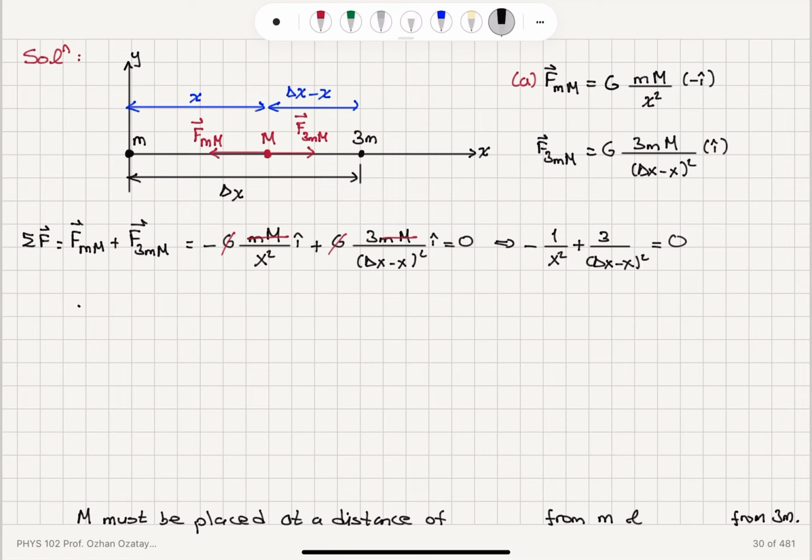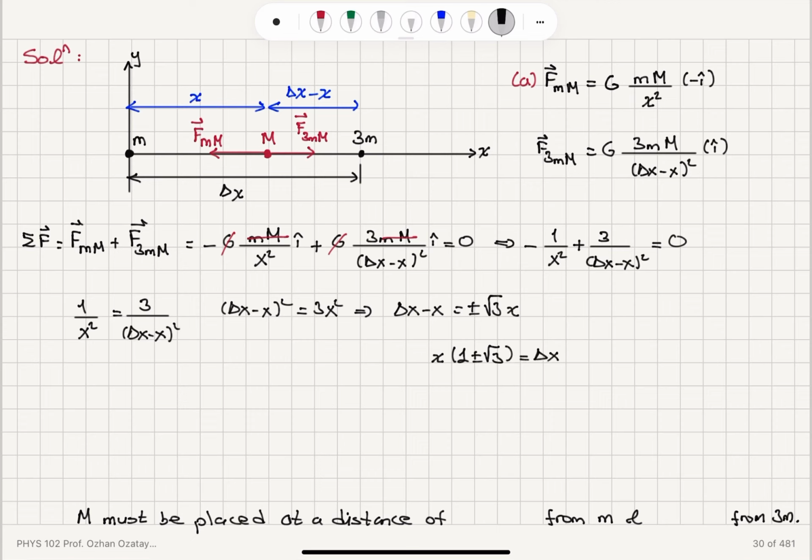So I find that 1 over x squared, if I take it to the right hand side, is equal to 3 over delta x minus x, parentheses squared. So delta x minus x, parentheses squared, is equal to 3x squared, which tells me delta x minus x is plus or minus square root 3 times x. So x times 1 plus or minus square root 3 is equal to delta x.